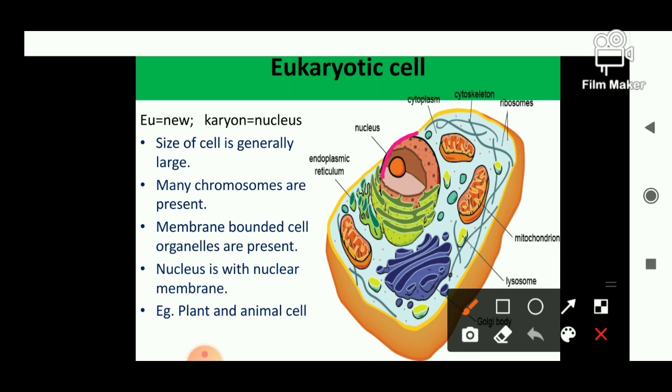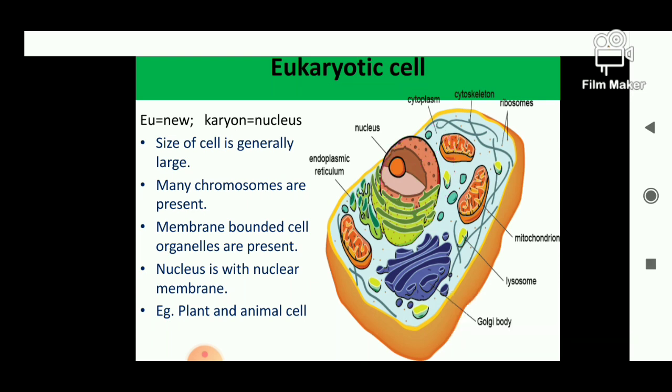Nuclear membrane is there. Inside the nuclear membrane, nuclear material is there. This type of cell having this type of nucleus is called eukaryotic cells. Eu means new, or we can say true. Karyon means nucleus. It means those cells which are having this type of nucleus are called eukaryotic cells.